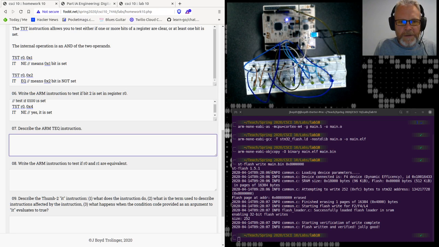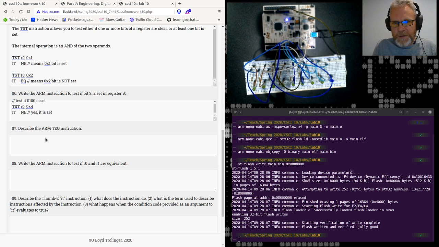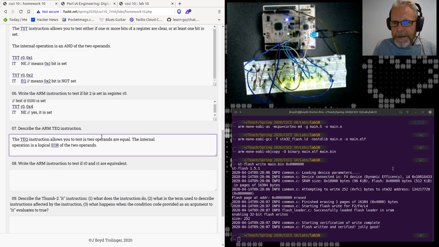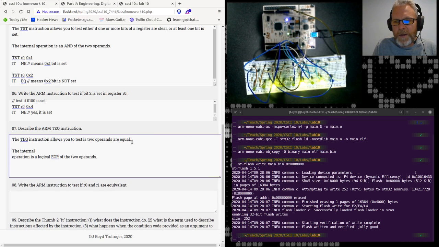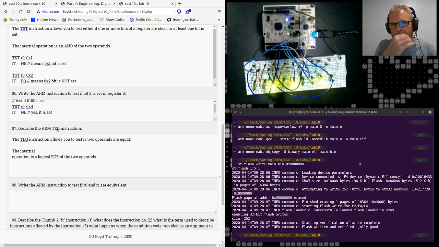Okay, the test equal instruction. This just tests for equivalency. The basic answer is it allows you to test whether or not two operands are equal. You can also use the CMP instruction for this, but you'll see me use test equal because sometimes it's just easier for me to see in code, to be honest.